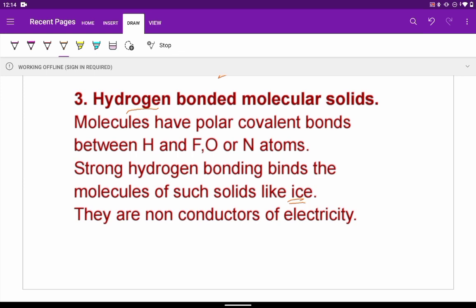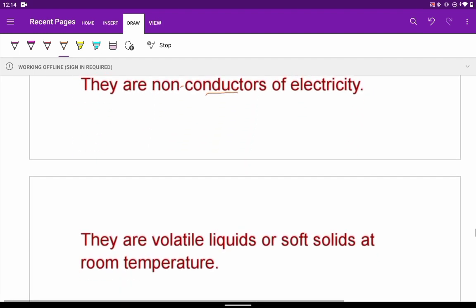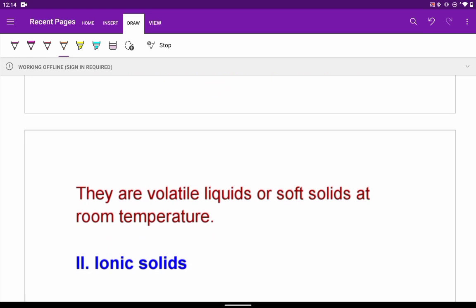They are non-conductors of electricity. Generally, these hydrogen bonded molecular solids are volatile liquids or soft solids at room temperature and pressure.